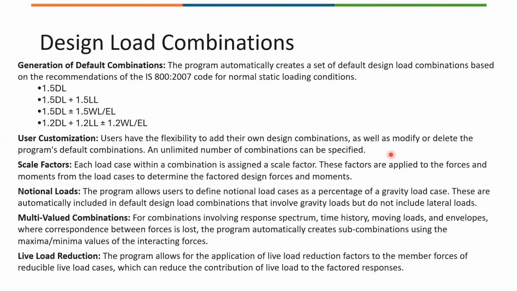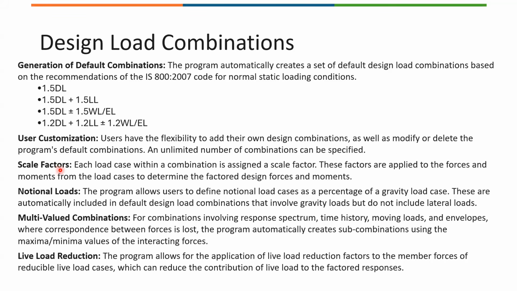And then for design, we have various information to be fed. One is the design load combination, which can be defined by the user, or automated load combinations can be generated by the program itself. Right. For IS 800, the standard that is shown, specific design combinations will be numbered and generated.